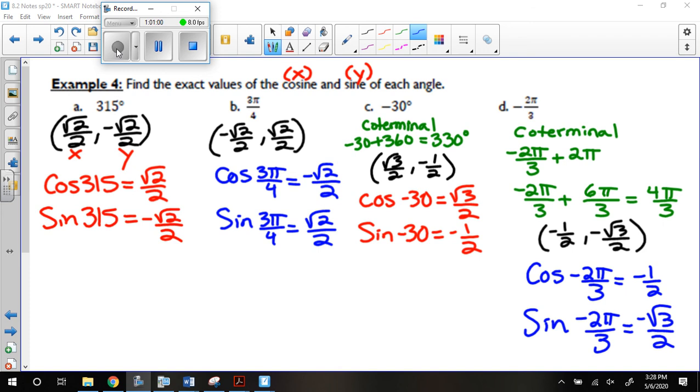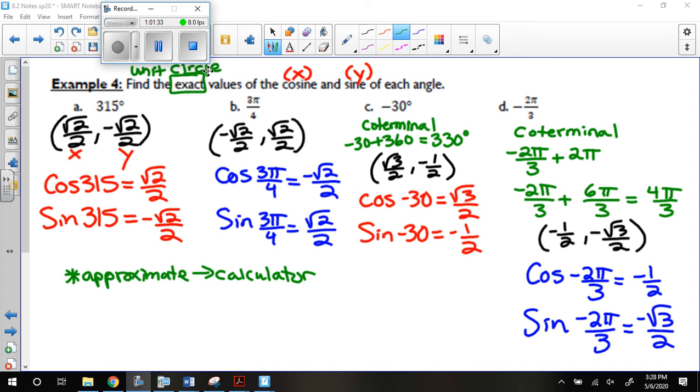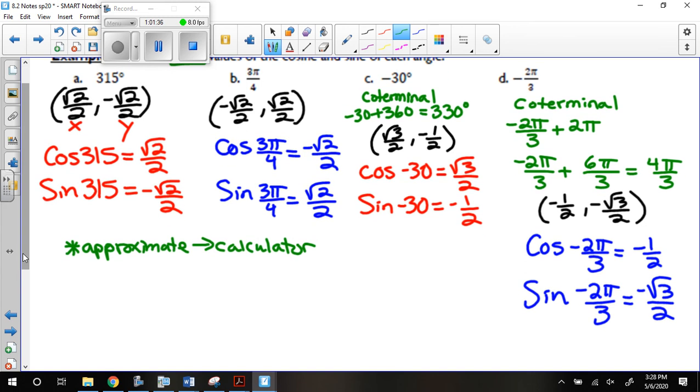So using your unit circle is when it says exact. That means use the unit circle. Now, if it says approximate or round, something like that, then you can use your calculator. You just have to make sure that if you're doing sine and cosine of 315 degrees, that you're in degree mode. And if you're doing sine and cosine of 3 pi over 4, you need to be in radian mode.